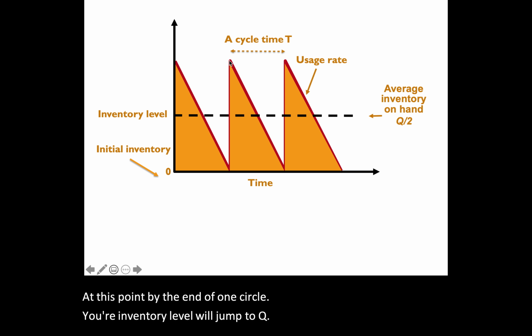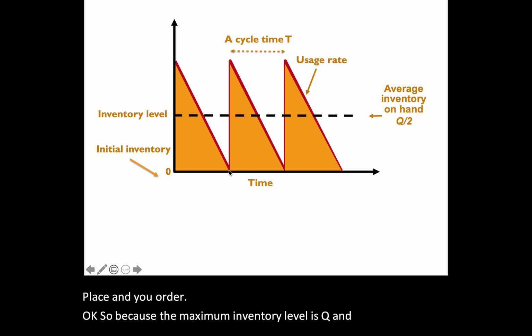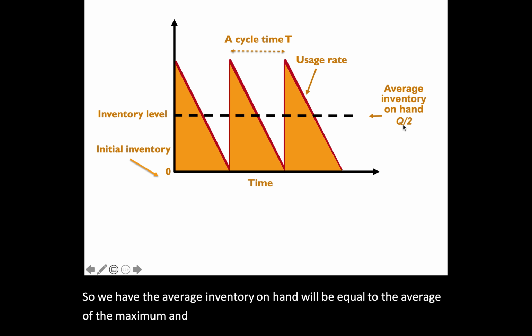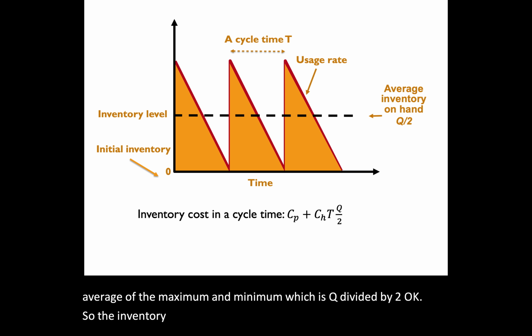After you place a new order. Okay, so because the maximum inventory level is Q and the minimum one is zero, we have the average inventory on hand equal to the average of the maximum and the minimum, which is Q divided by 2.